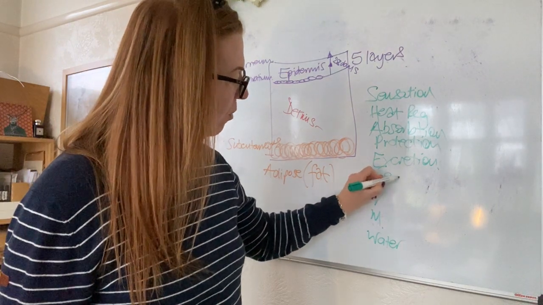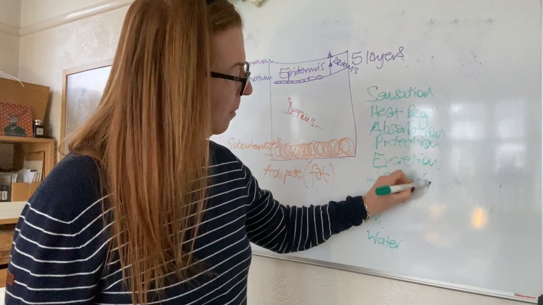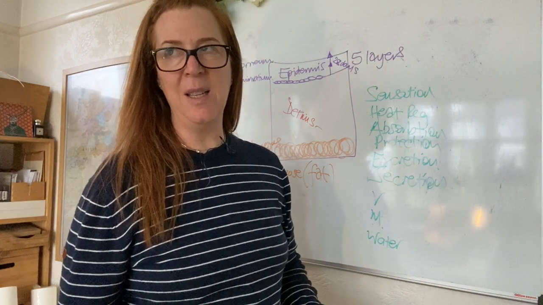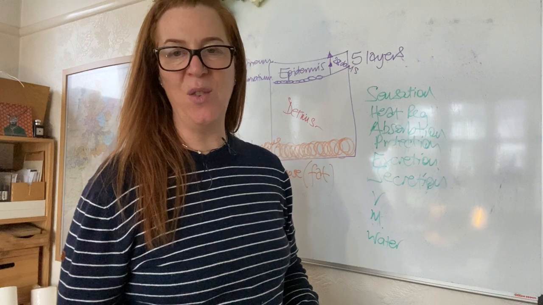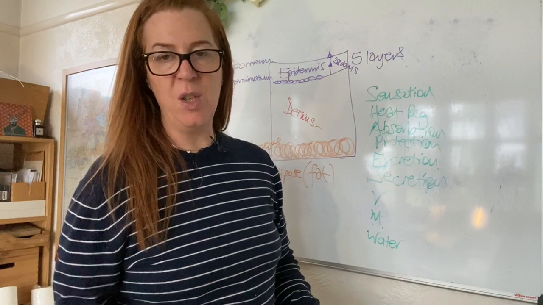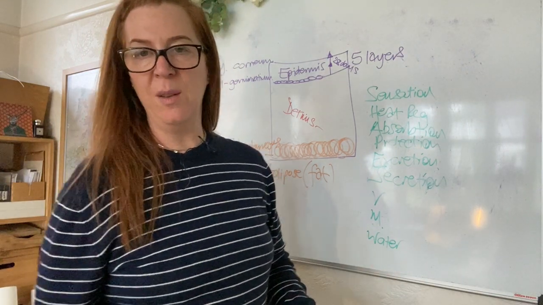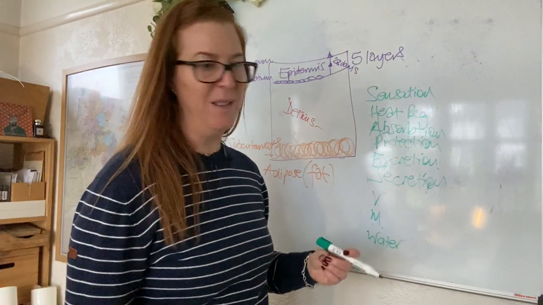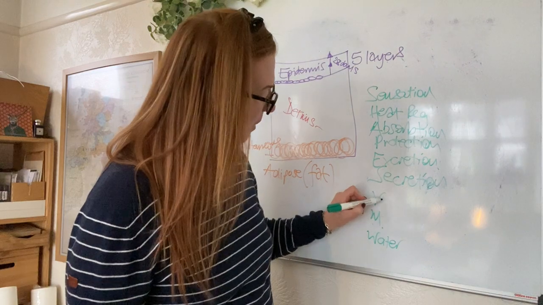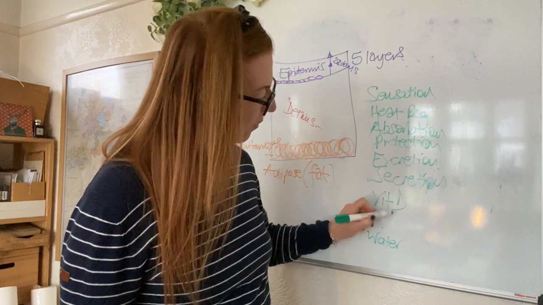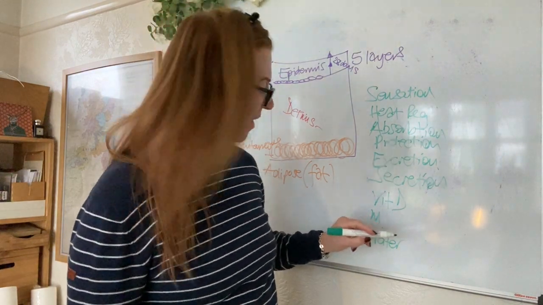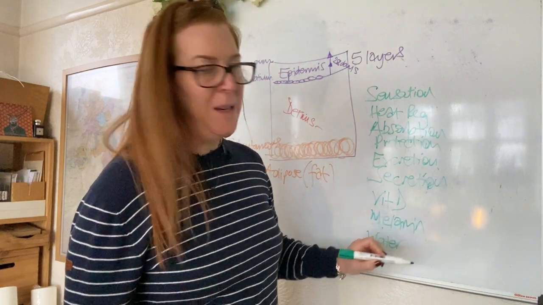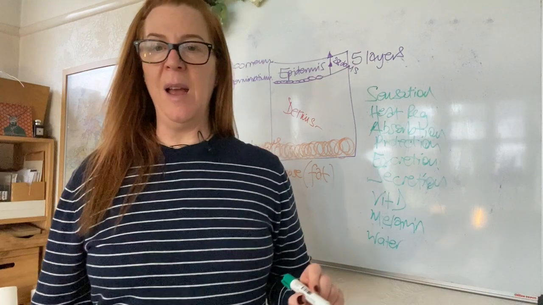This is secretion, and as we talked about, we have the sebaceous gland, or it's called the sudoriferous gland, that secretes sebum, which is the natural oil out of the skin as a protective layer. The vitamin D production from sunlight, and melanin production, again from sunlight.